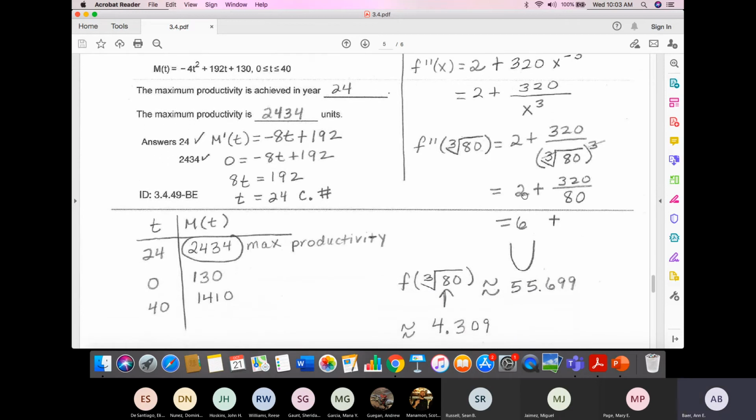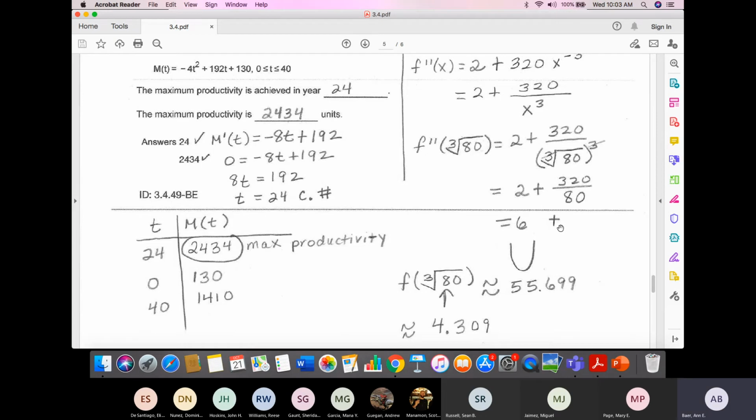If we put this in our calculators correctly, we'll get 6. 6 is positive. When you're talking about the second derivative, if you get a positive number, that means your original graph is concave up.